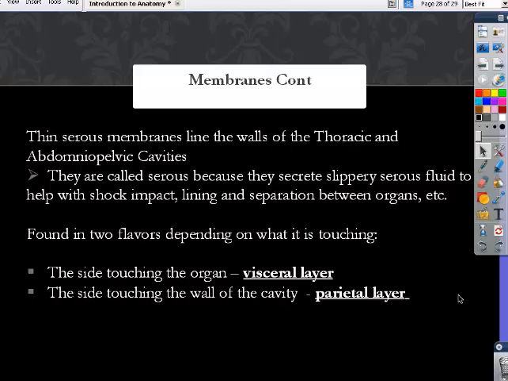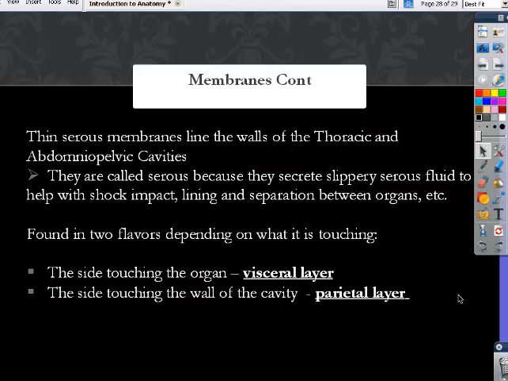And this fluid is really important because it serves as a shock absorber. So if for whatever reason you were to get punched in the stomach, the membrane that surrounds your stomach should have a serous fluid within it, and that fluid more or less acts as a shock absorber of the blow so that it doesn't do any internal damage within your organs.